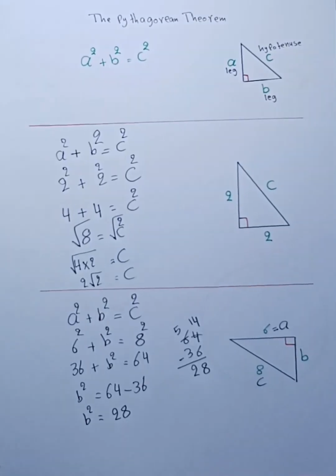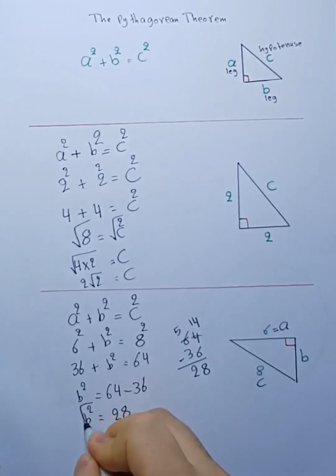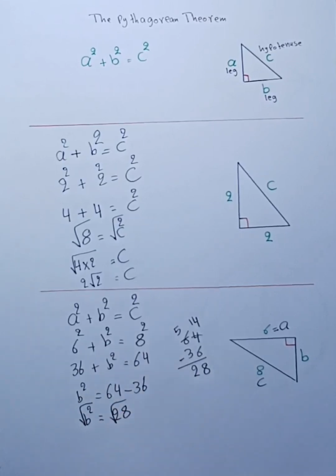After that, we have to take the square root for both sides, the square root of b squared and the square root of 28. 28 is not a perfect square, but 28 comes from 4 times 7.